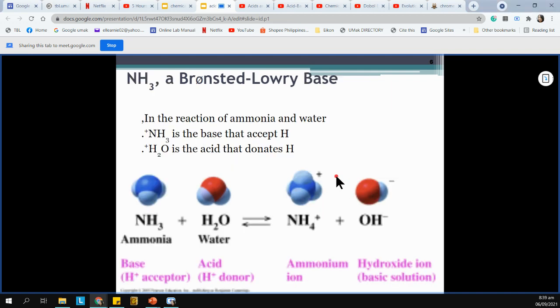Now, if it's going to be a base, you have here ammonia, which is the universal example for bases, and then you have water. What would happen here is that one of the hydrogens in water will be removed and it will bond with ammonia, forming the ammonium ion and the hydroxide ion. Usually this is the setup for basic reactions.